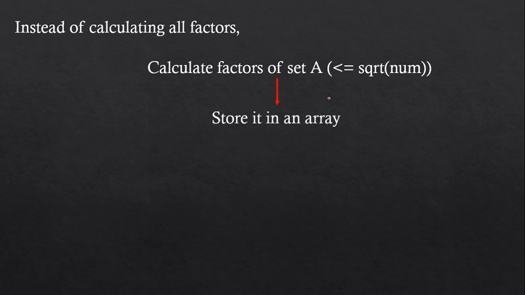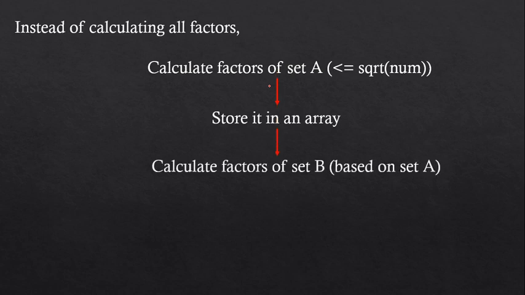Now, to find the factors of set B, you need not run the loop again. You can calculate factors of B based on factors of A. I've already explained how. Yes, based on factors of A, we can calculate factors of B.